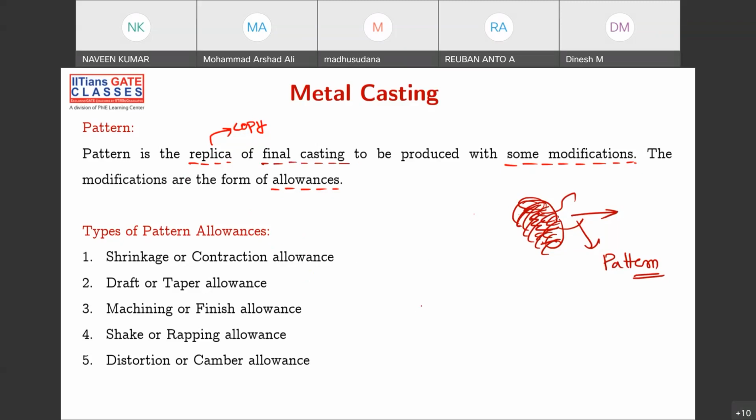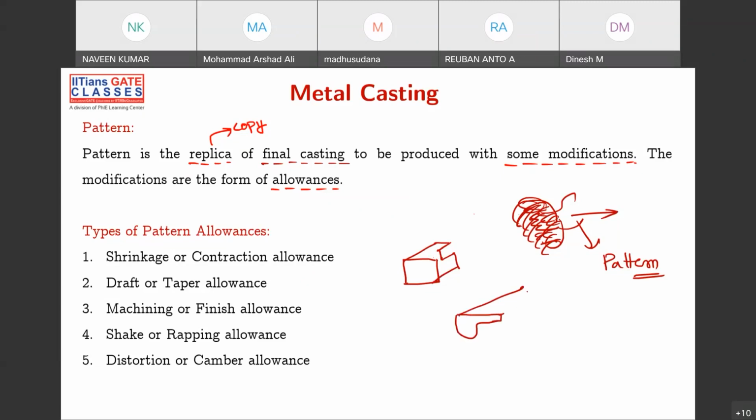Okay? So let's say you want to produce this kind of object. Some kind of object like this. I didn't draw it properly, but anyway, hope you understand. Or maybe like this.